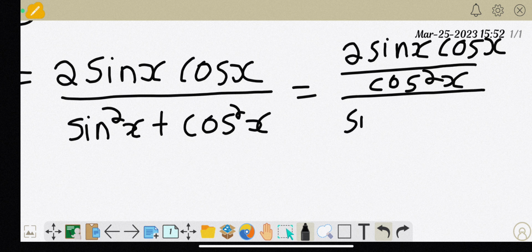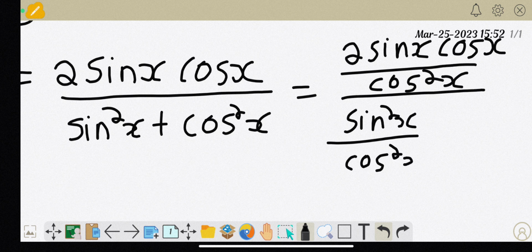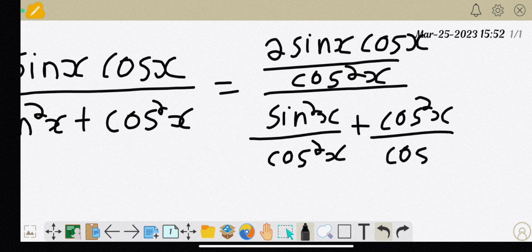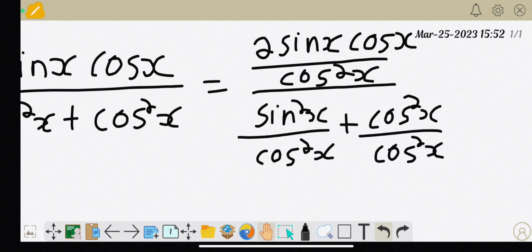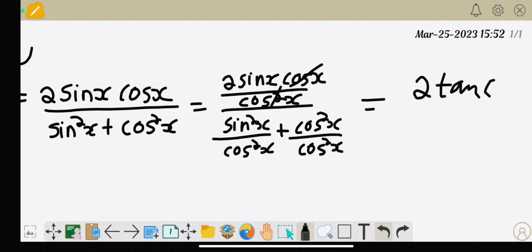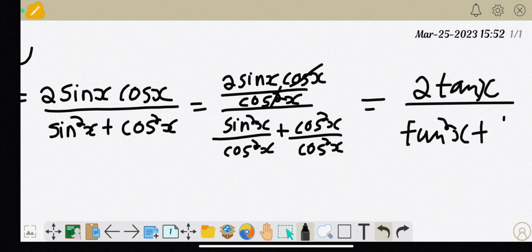Here what happens? Sin square x plus cos square x by cos square x. So if I simplify this, one cos will cancel with cos. So in the numerator what has remained? 2 tan x, correct. And here in the denominator, sin square plus cos square over cos square x is 1 plus tan square x, correct.